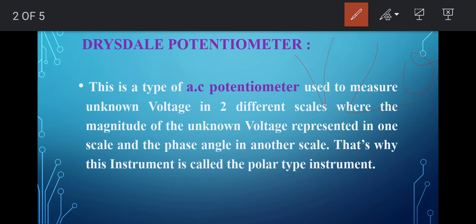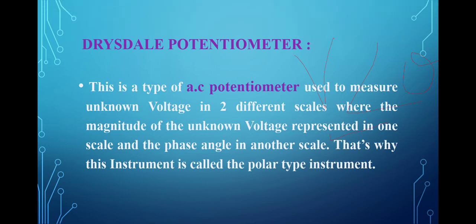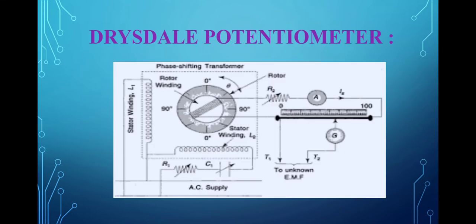So what we have seen is its major definition. The Drysdale Polar Potentiometer is an instrument meant for measuring an unknown voltage in terms of magnitude and phase angle. Now let's discuss the constructional features.